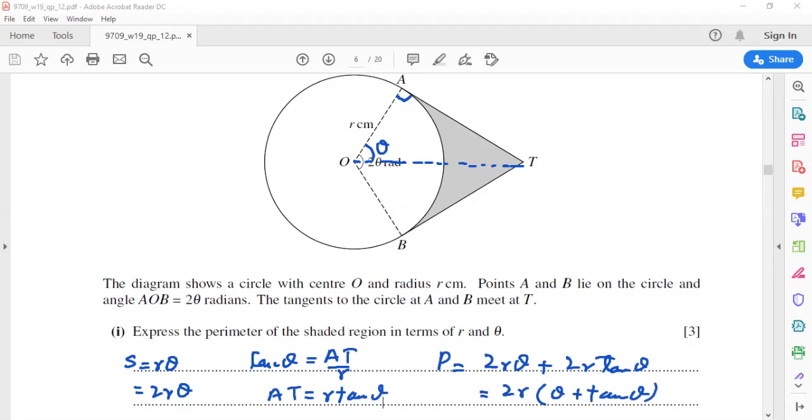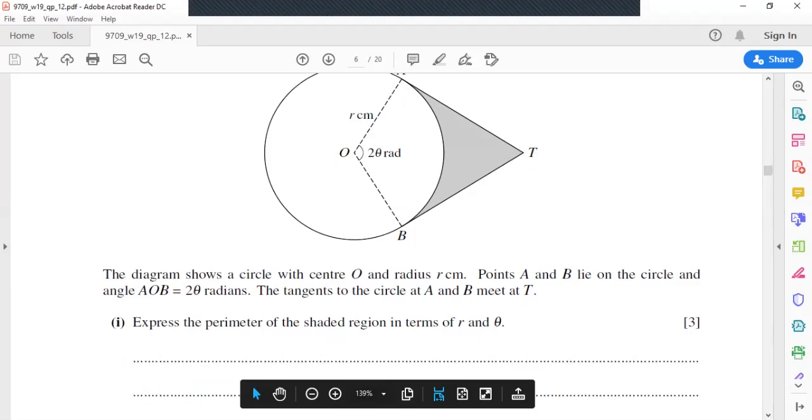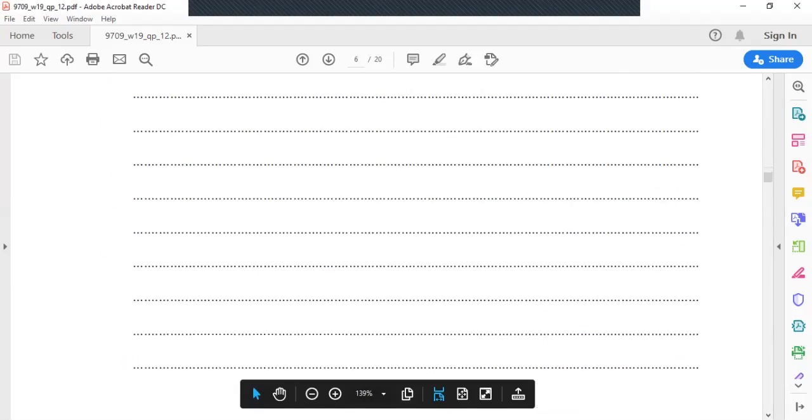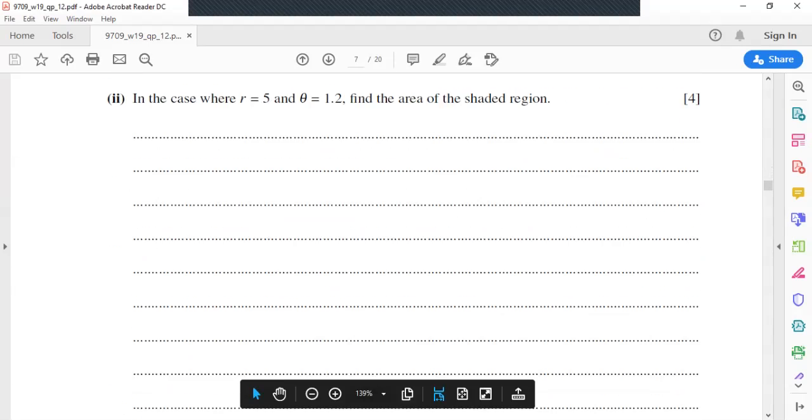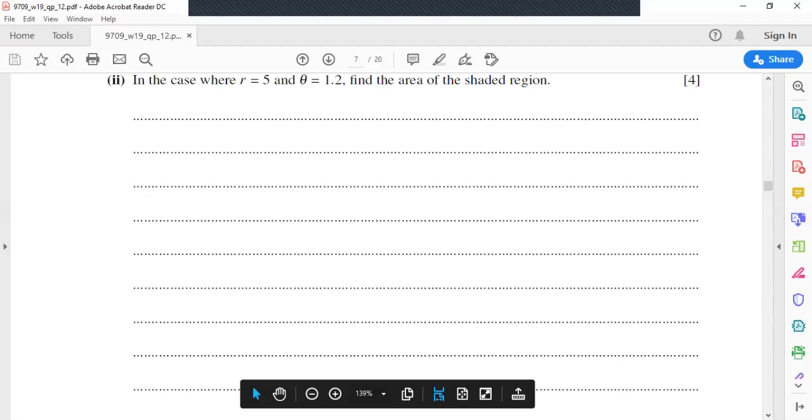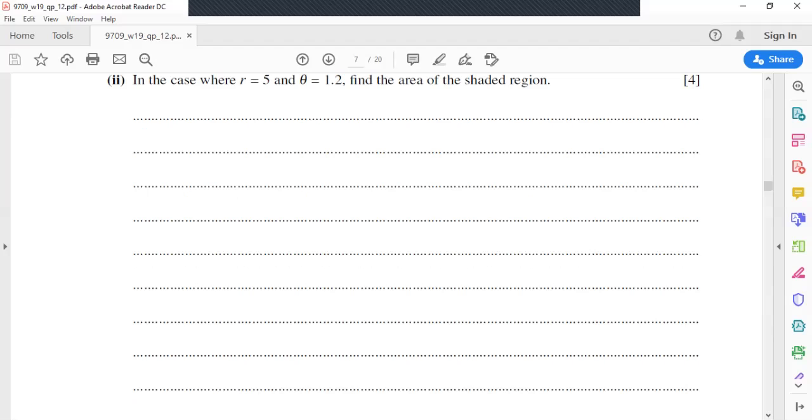Now the next one is there. Okay, it says when theta is equal to 1.2 and r equals 5, find the area of the shaded region. So as we have decided, divided over there into two triangles.